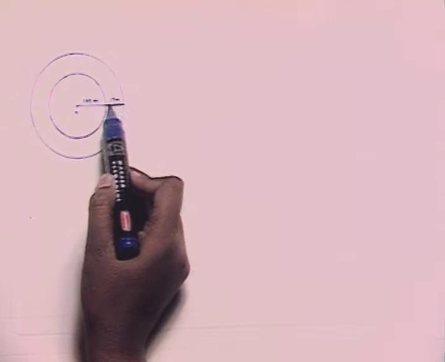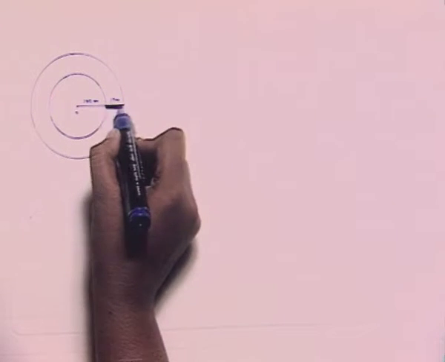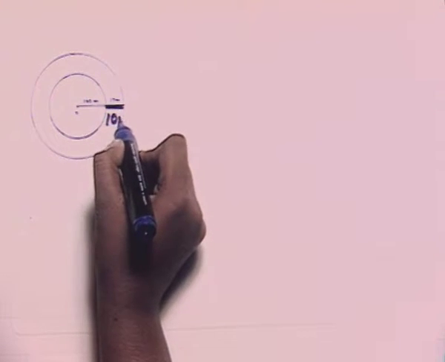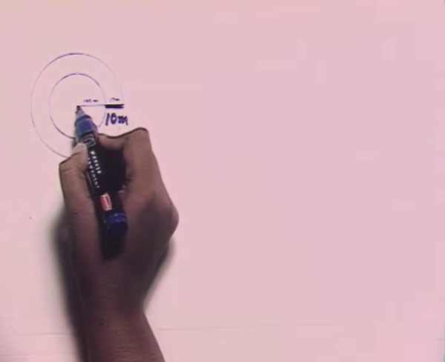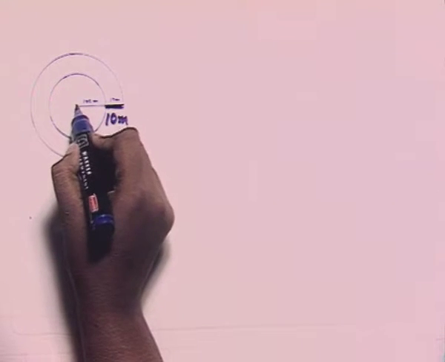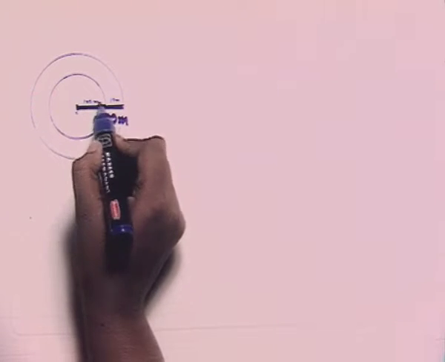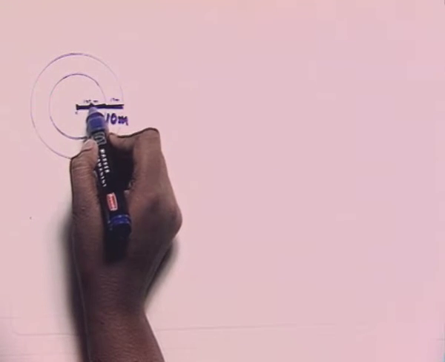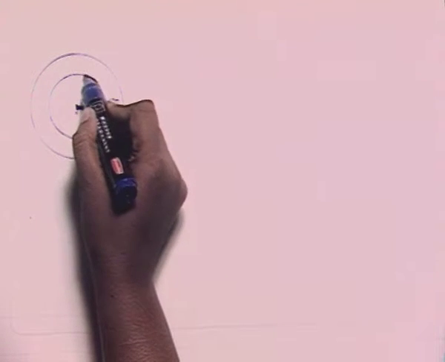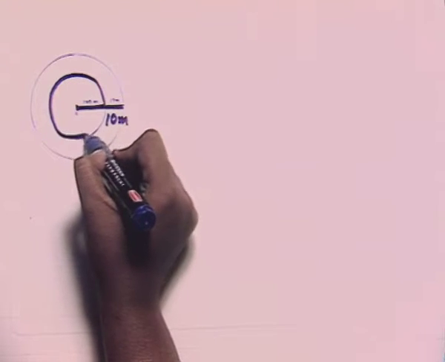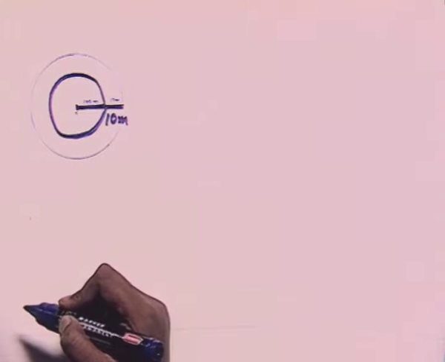The width of this road, this width is 10 meters and the radius of the inner circle is 100 meters. This garden, the radius of this garden is 100 meters.